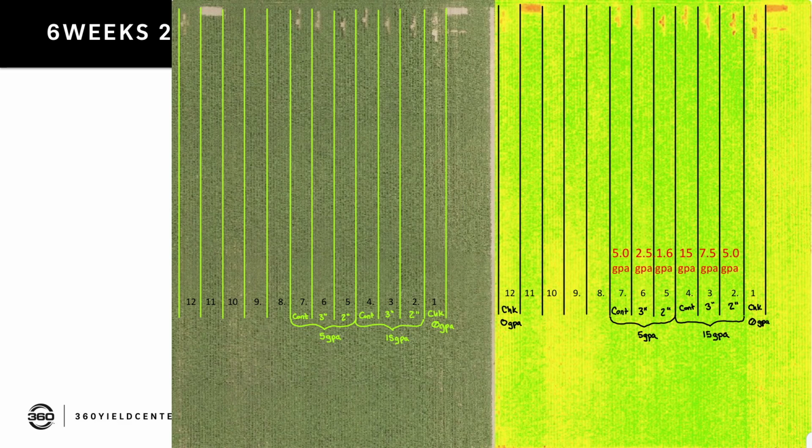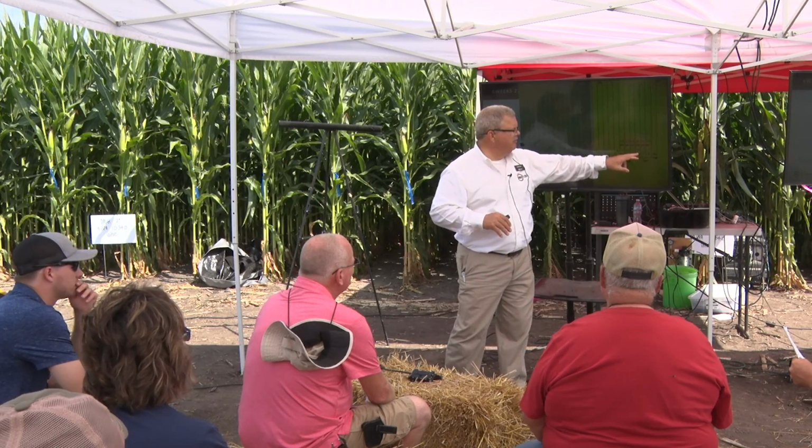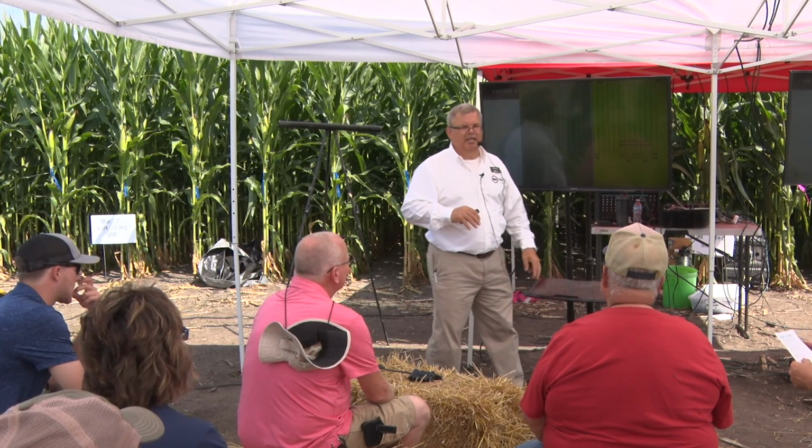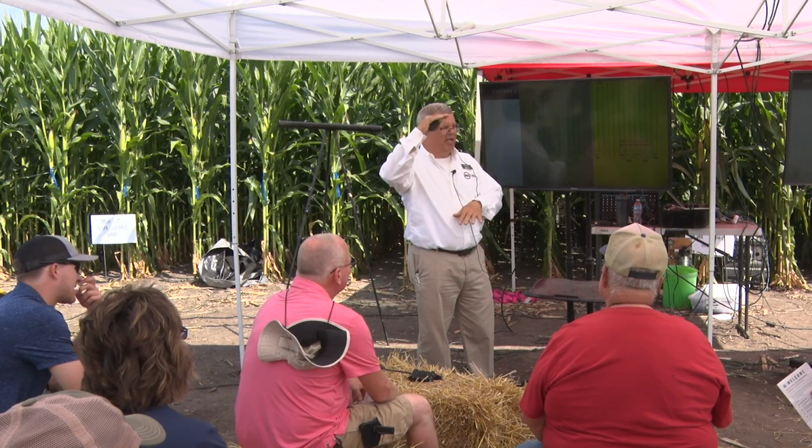If we're running 15 gallons local concentration continuous, we have to take 15 gallons. If we're running 3-inch dash, we only take 7.5. And if we're running 2-inch dash, we only take 5 gallons to the field. That's the difference between $45 an acre and $15 an acre. And the whole idea is predicated on the seed and the plant during that critical time not knowing the difference.